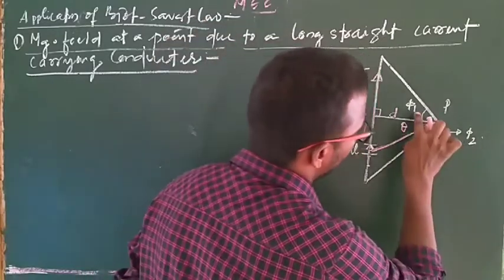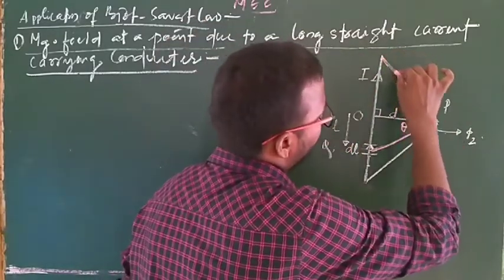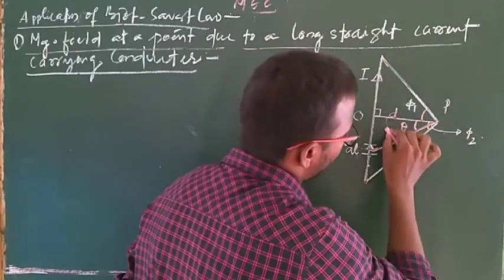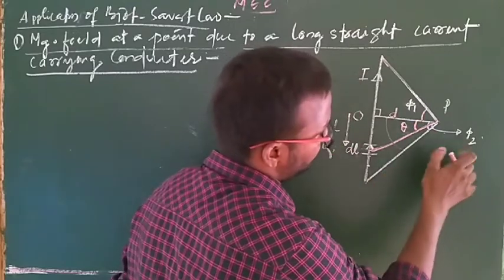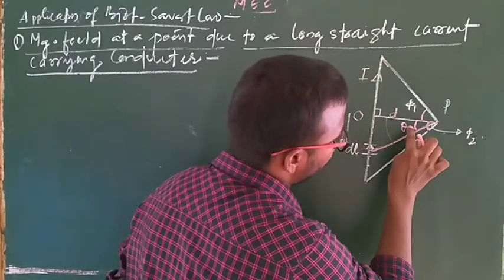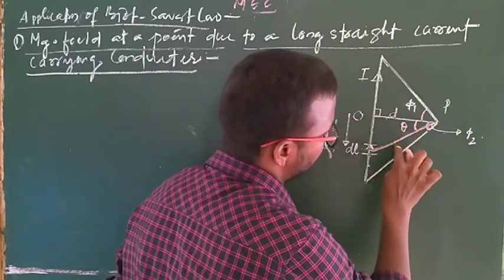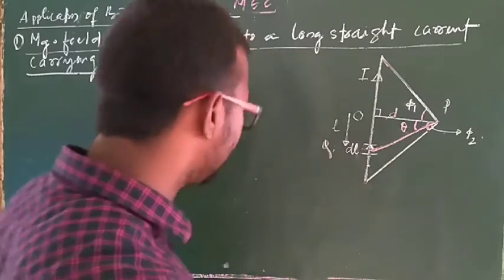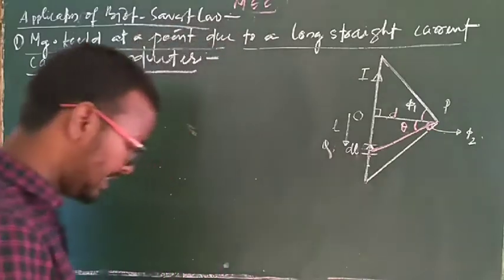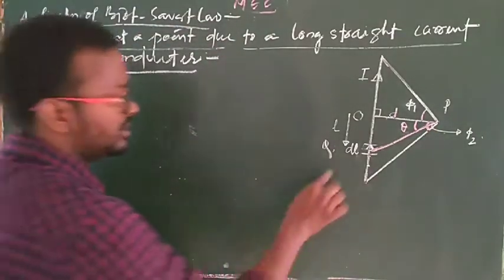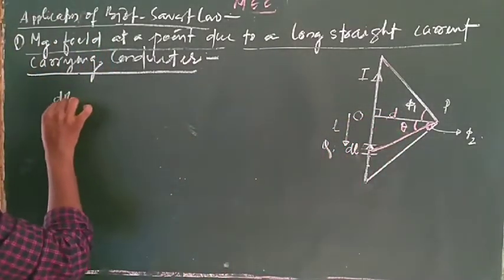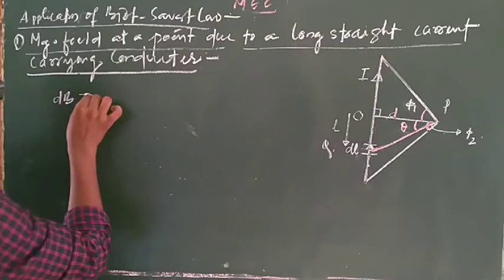What is phi 1? Phi 1 means the end point angle from point P. This angle is phi 1, and this total angle is phi 2. Clear? This total angle is phi 2, but this angle is theta. So we have to find the magnetic field due to this small element at point P. Let the magnetic field for this small element at point P be dB.